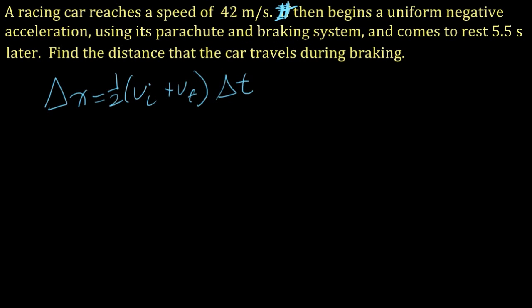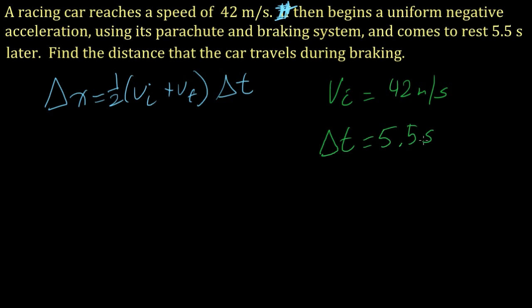So we started at 42 meters per second. So that's going to be our initial velocity. 42 meters per second. Okay. What else do we have? I see 5.5 seconds. That sounds like a delta t to me. So we have delta t, which is 5.5 seconds.